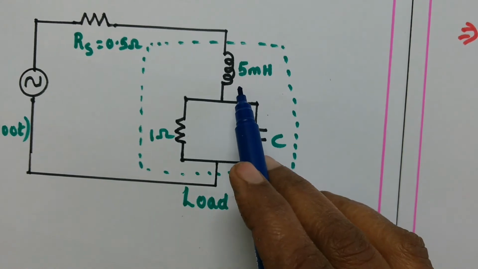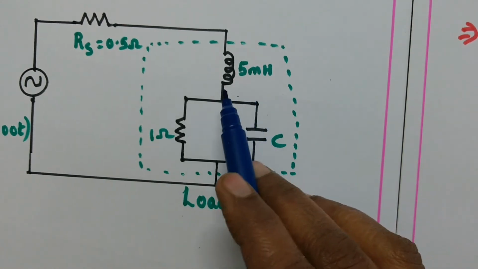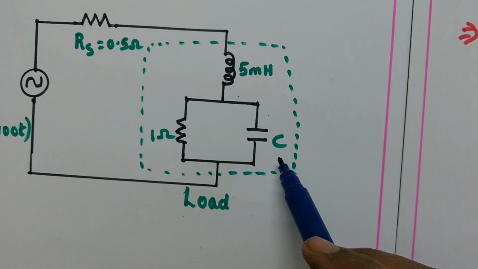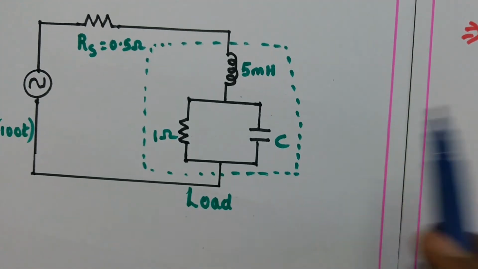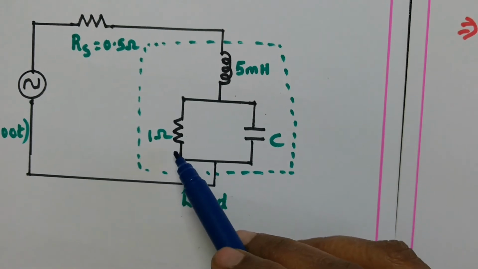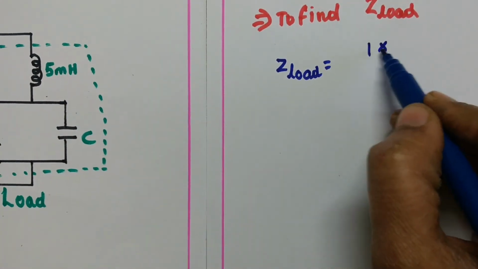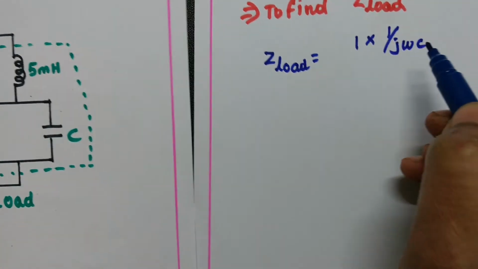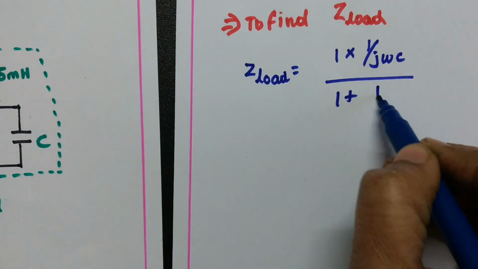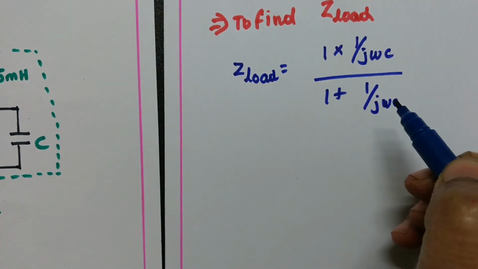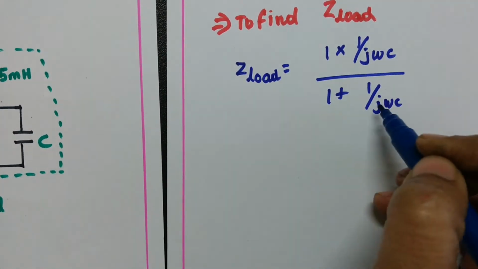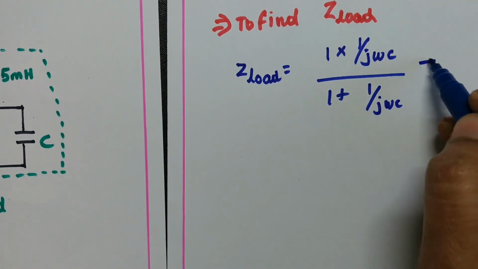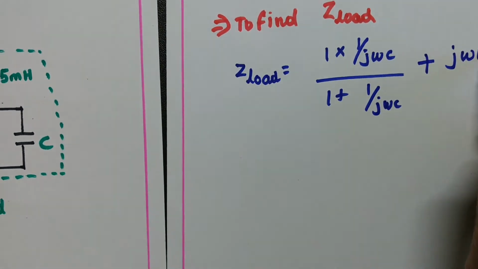So here this will be converted into omega domain, that will become J omega L, and for the capacitive reactance 1 by J omega C. So here resistance 1 ohm in parallel with C. So that will become 1 into 1 by J omega C by 1 plus 1 by J omega C. Resistance and capacitance are in parallel. So for the parallel equivalent we are writing this in series with the J omega L.